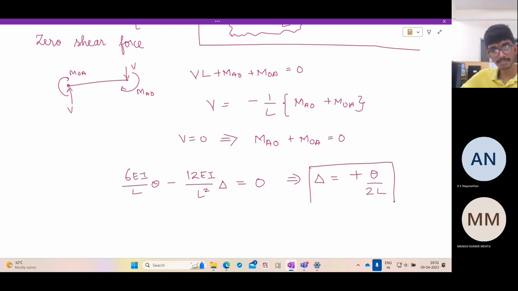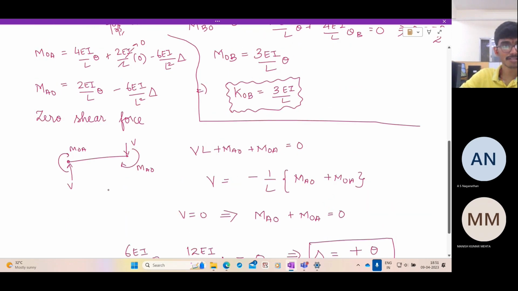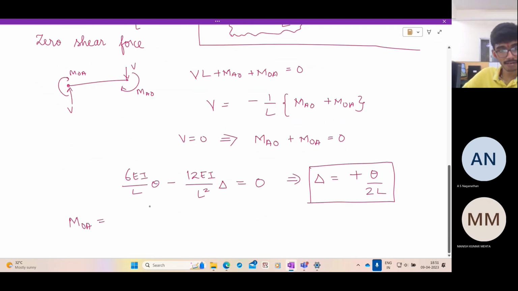Now substitute this into the expression for MOA. So we get MOA is equal to 4EI by L theta minus 6EI by L square times delta. Sorry, this L should be in the numerator.